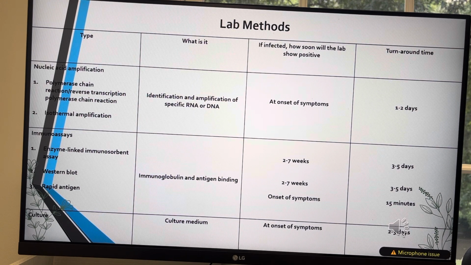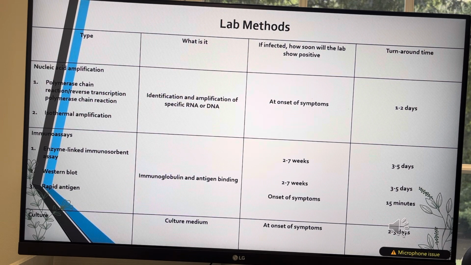The nucleic acid amplification tests are used to identify the DNA of a specific antigen and amplify it. So it checks for specific antigen presence. With PCR, the sample is collected. That can be blood, swab, tissue, urine, and that sample is heated to uncoil the DNA into two pieces of single-stranded DNA.